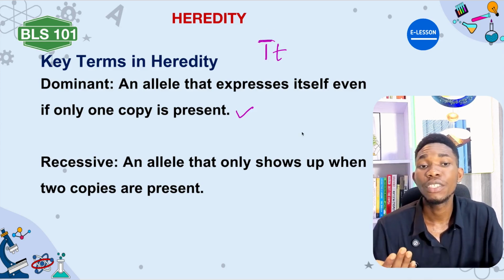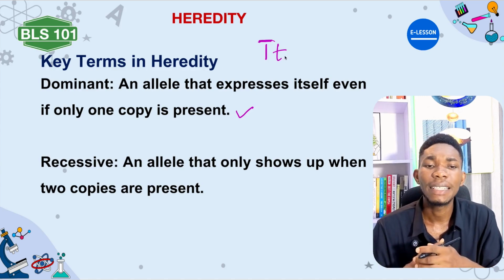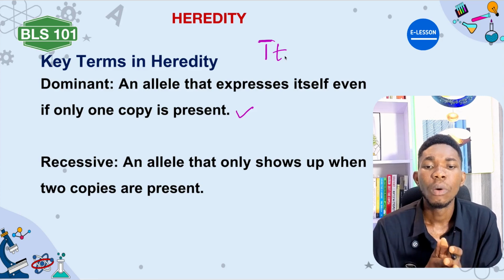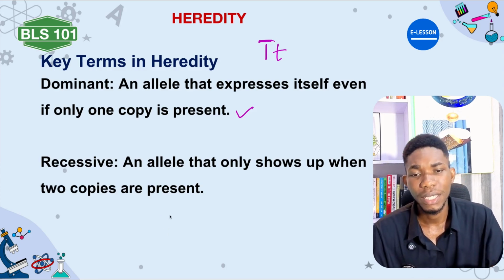It will express itself. This small one is recessive. So any allele that expresses itself, even if only one copy is present, is called a dominant gene.